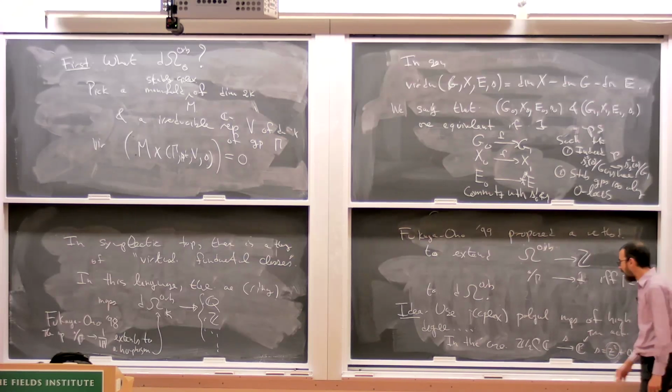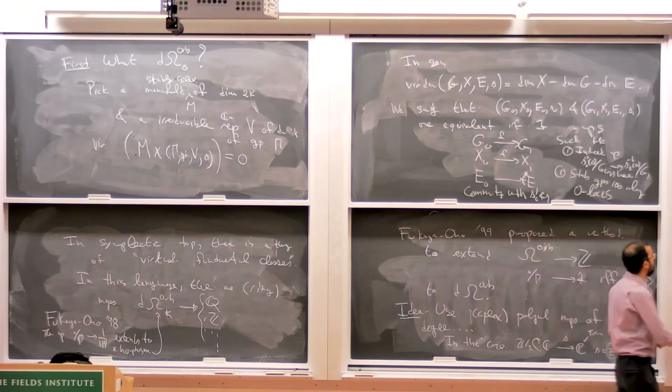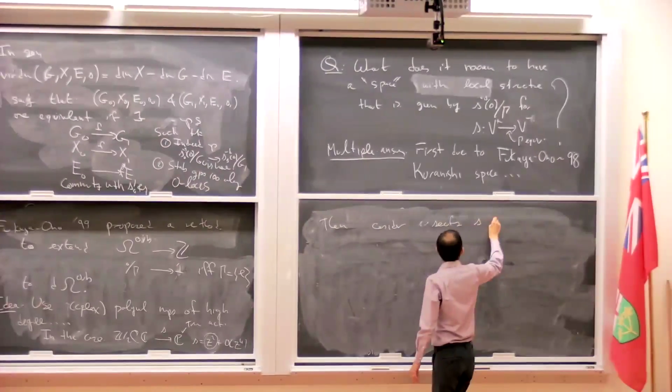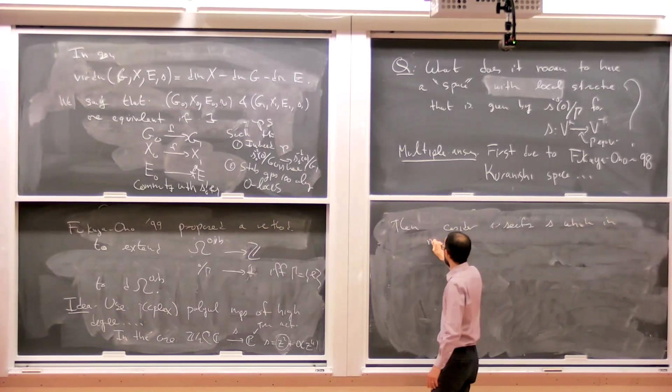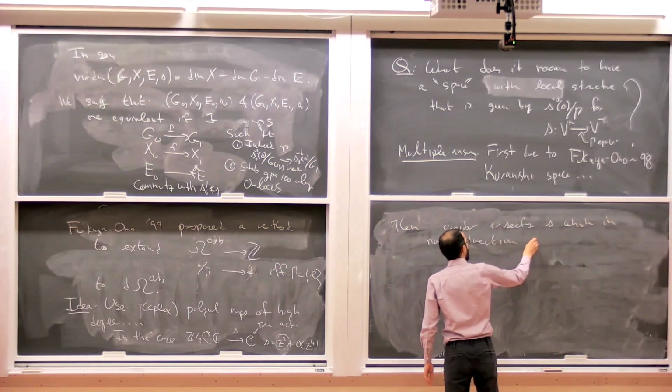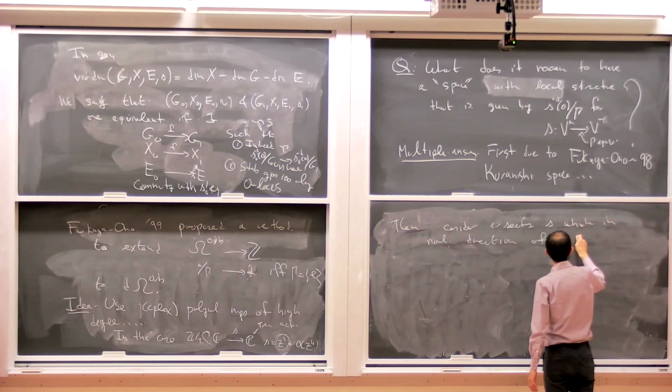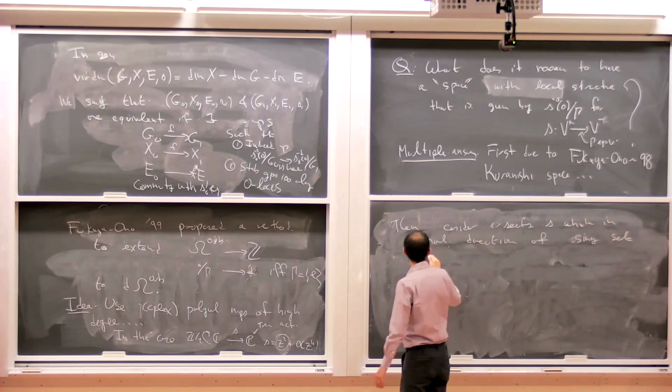So what they propose is to look at smooth sections which, in the normal direction of the singular set, are of this polynomial type.